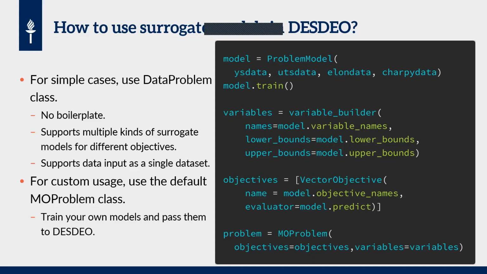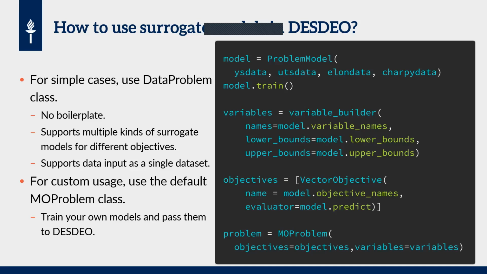All of that code, imagine that it's just in this predict function. So a lot of things are happening, but in theory, on the DESDEO side of things, you can simply do it this way. There is a lot of mess inside this model class, but we don't need to worry about that. Once you have variables and objectives, you can simply just use the MO problem class as user showed earlier. And that's it. We now have the problem formulation.